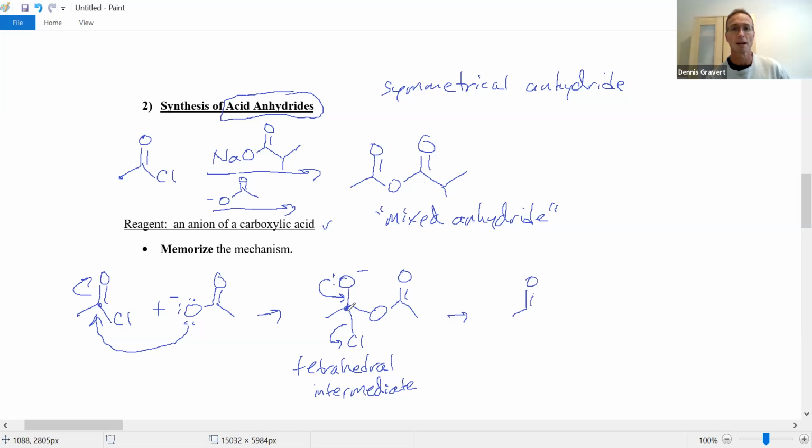So the pi bond came back down. The oxygen with this double bond O, the other carbonyl group, stays there. And you have your mixed, no, that's not mixed. You have your anhydride. And then, like I said, with the hydrolysis mechanism, sometimes this bond will break. That just means you reform the acid chloride and it goes back and forth.